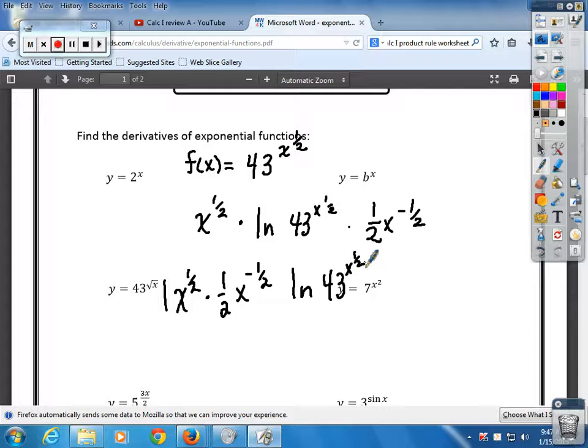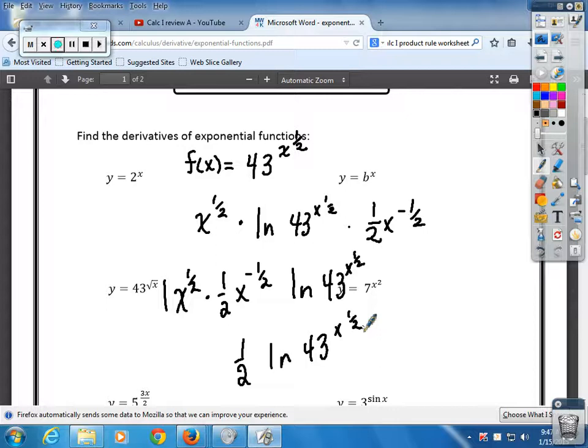I don't think that's going to be right, because the x to the 1/2 is going to cancel. That'd be x to the 0. Okay. Whew. I thought 0 is going to cancel the whole thing. That's x to the 0, which is 1. So that turns out to be 1/2 natural log of 43 x to the 1/2. I think that should be the answer.